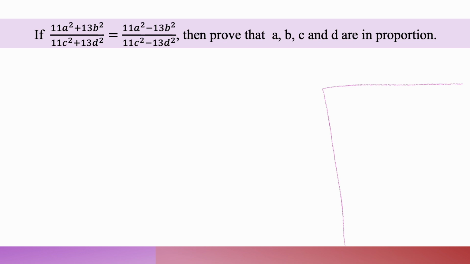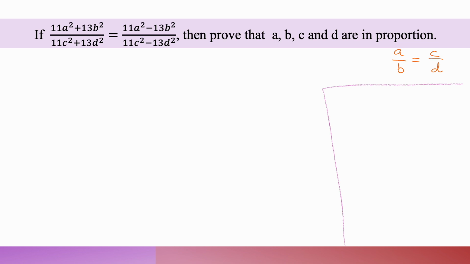Now to prove these numbers a, b, c, d are in proportion means we need to prove that a upon b is equal to c upon d. If we look at the given equation, the numerators on both the sides have terms with a and b, whereas denominators have terms with c and d.